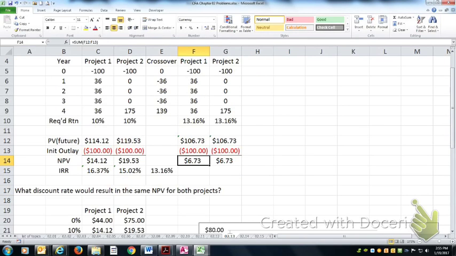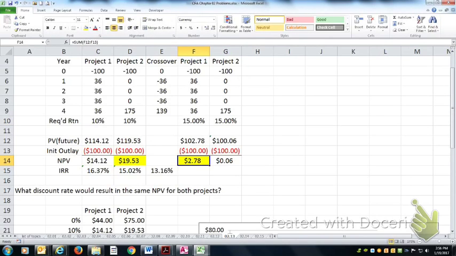Okay, so we can demonstrate: we had the original at 10%, project 2 has a higher NPV. If we made this 15%, project 1 has a higher NPV.